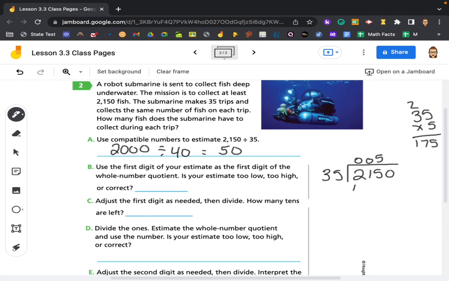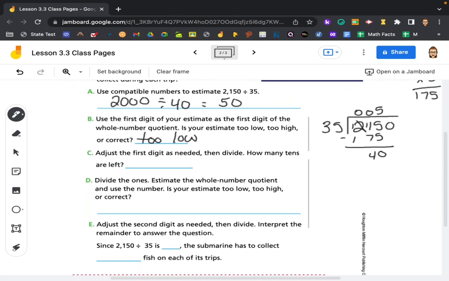So we do 175, subtract, 11 minus 7 is 4. So 5 is too low. So again, I'm going to rewrite the problem. Really, you can just erase, but so that you can see where I got the too low from, I'm going to leave that work.